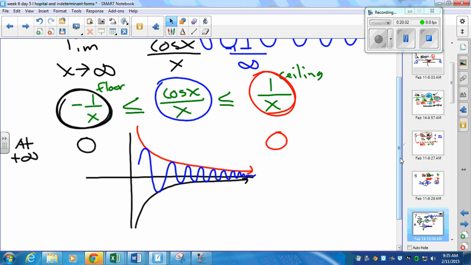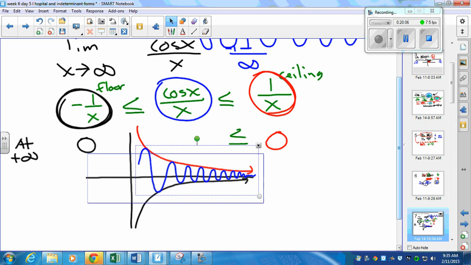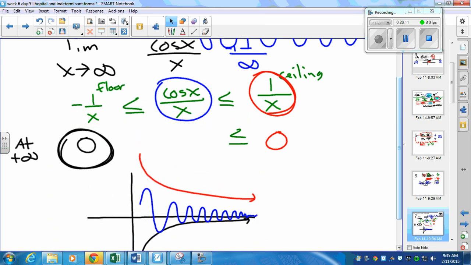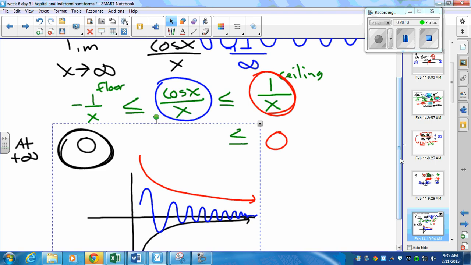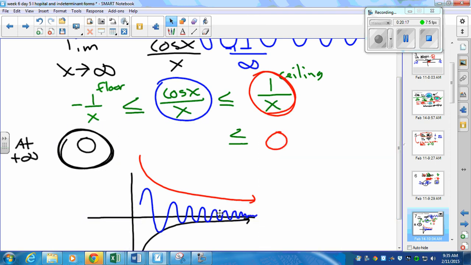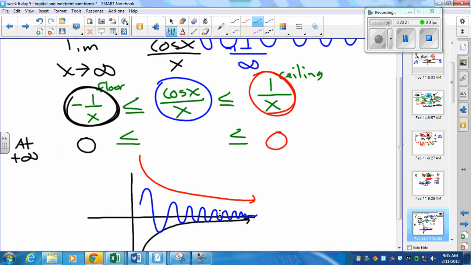0. And if it holds true, you know at infinity the black guy goes to 0, the red guy goes to 0, then I am looking for the limit as x goes to infinity of this guy.